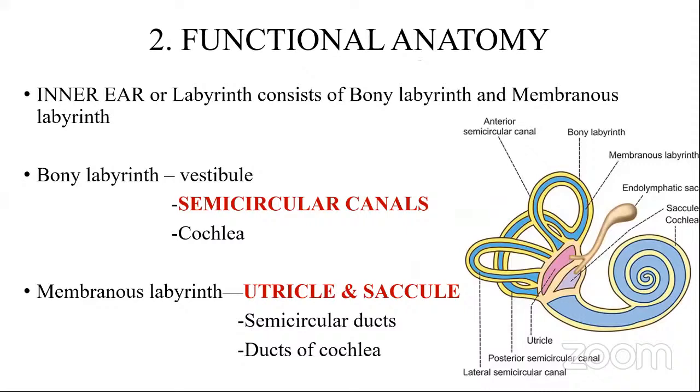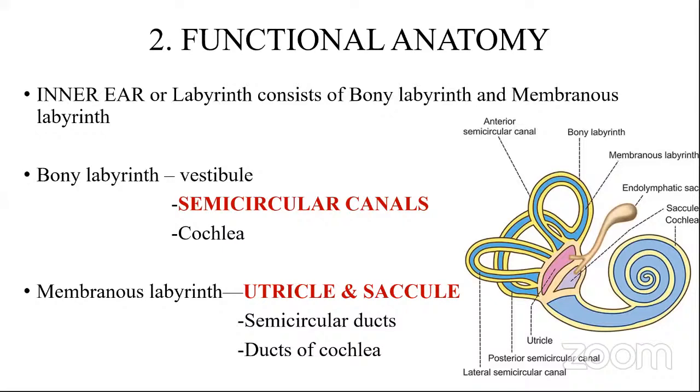So, functional anatomy: the inner ear or labyrinth consists of bony labyrinth and membranous labyrinth. The bony labyrinth, called the vestibule, consists of semicircular canals.